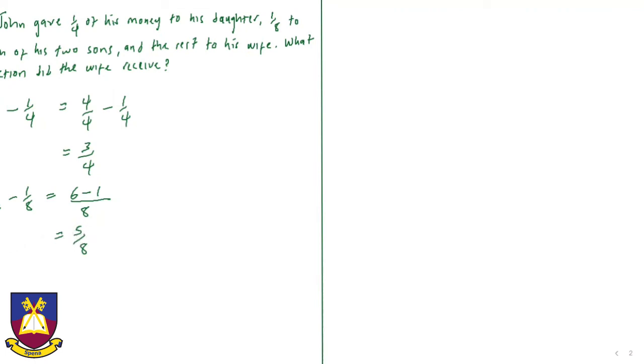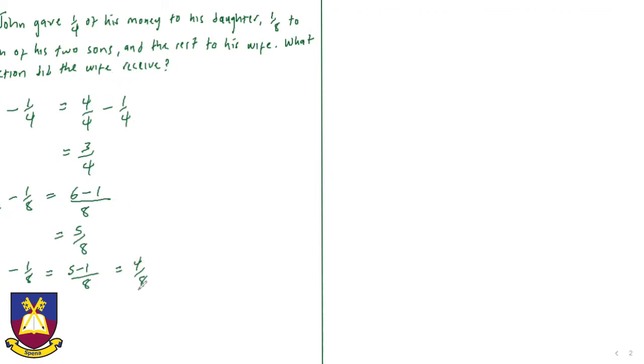Now we need to give the second son. 5/8 minus 1/8. LCM is 8. These are the same, just subtract the numerators. 5 minus 1 is equal to 4/8. And this is the fraction the wife received.